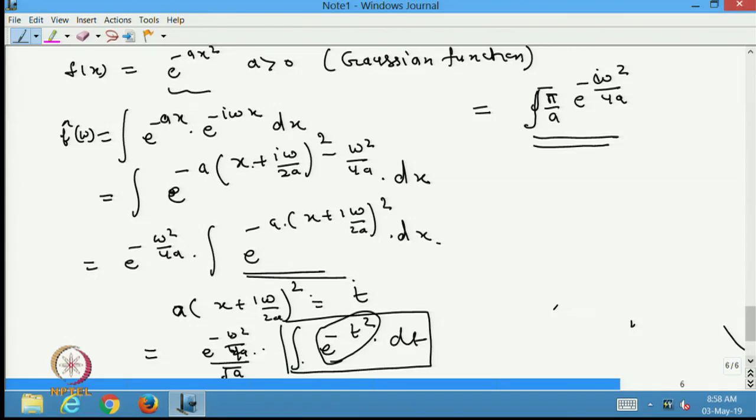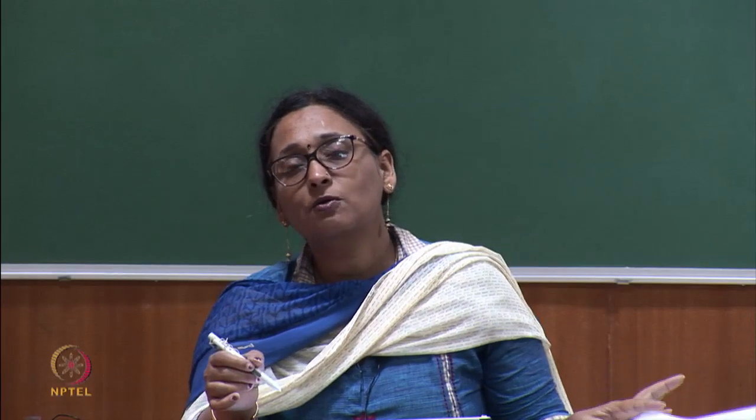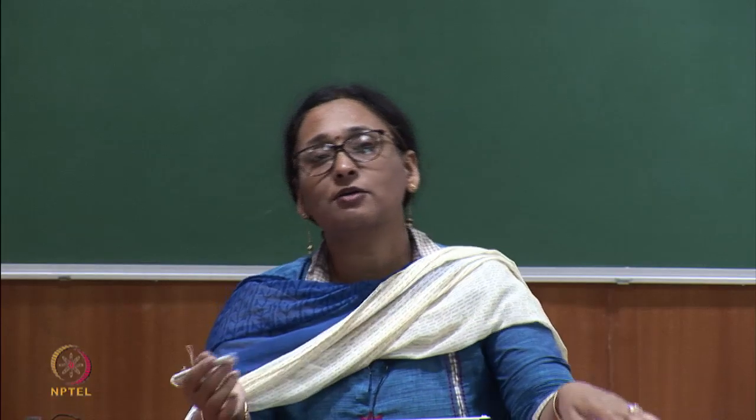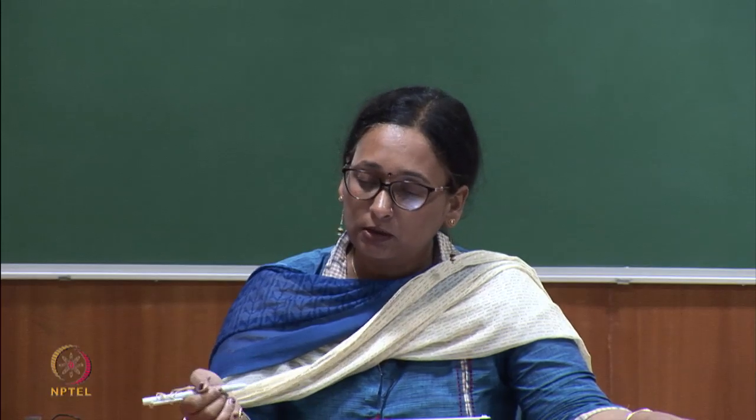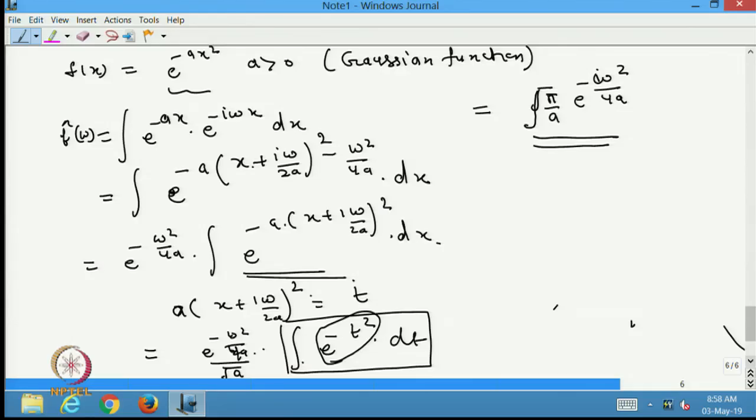That is the specific point to observe, which we will exploit later on, because the Fourier transform of a Gaussian is again a Gaussian function. So, this is an important point which all of you should note for future lectures.